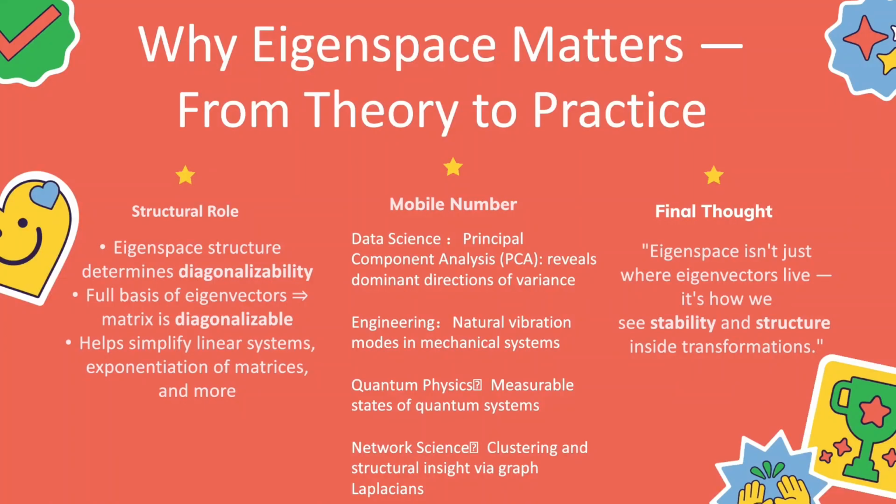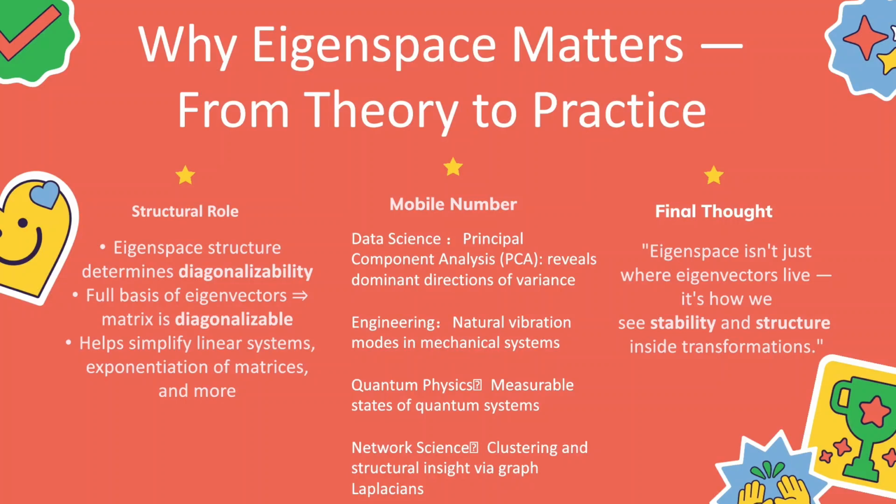Geometrically, the eigenspace represents a direction in which the transformation acts predictably, stretching or shrinking, but not twisting. Algebraically, the size and structure of the eigenspace tell us whether a matrix is diagonalizable. If the sum of the dimensions of all eigenspaces equals the size of the matrix, then we can rewrite the matrix in diagonal form, a powerful simplification in theory and computation.